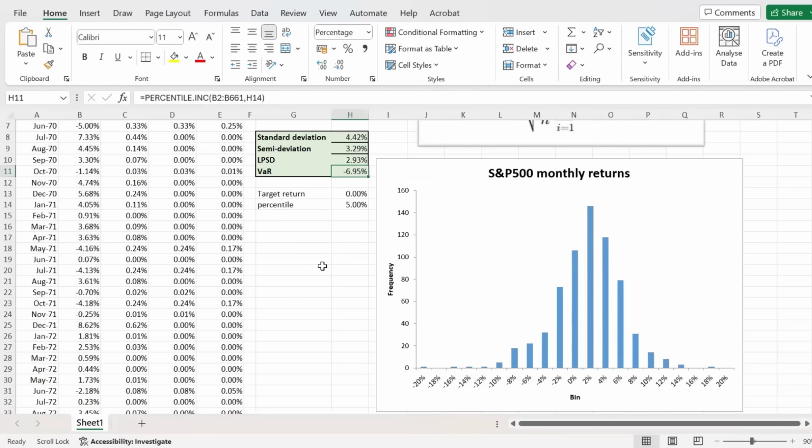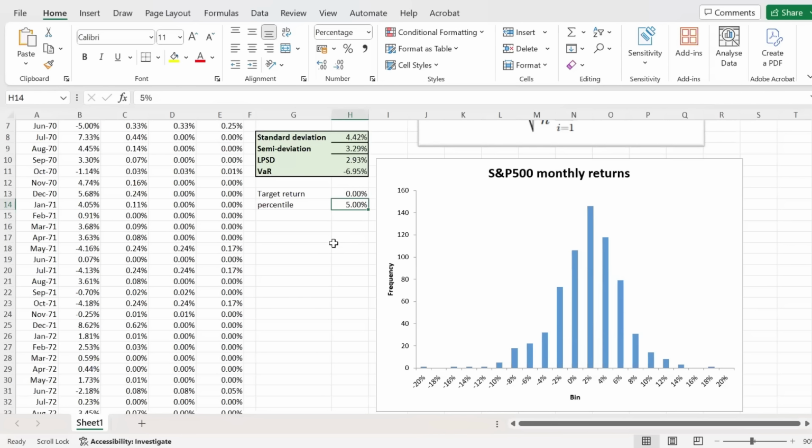The way to interpret this in a forward-looking way is that there's 5% probability that I will experience a return of minus 7% or worse on a monthly basis if I invest in the S&P 500. You can change this as well, so you can look at 10%, right?